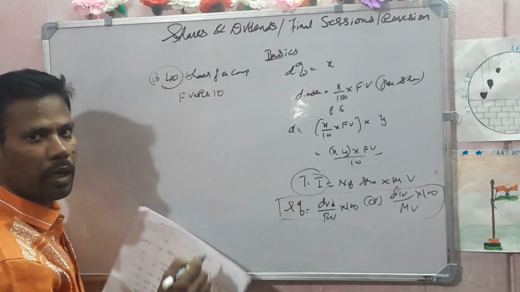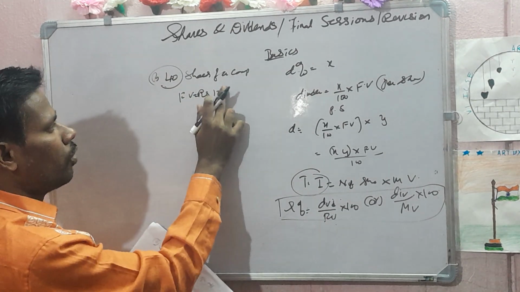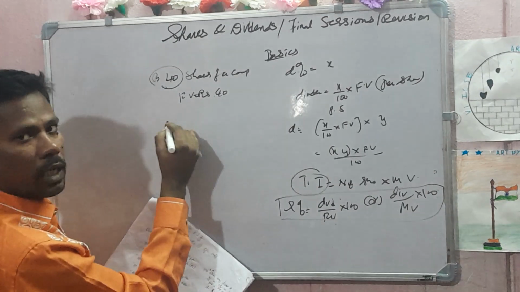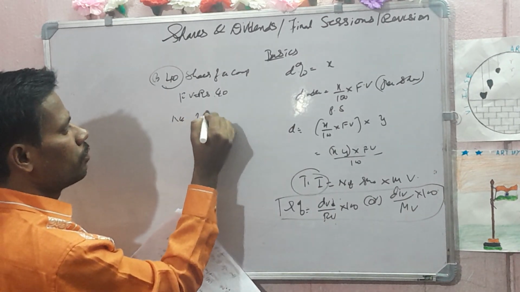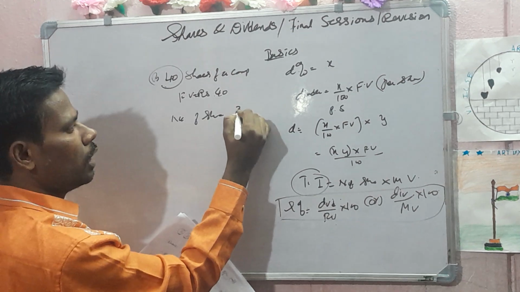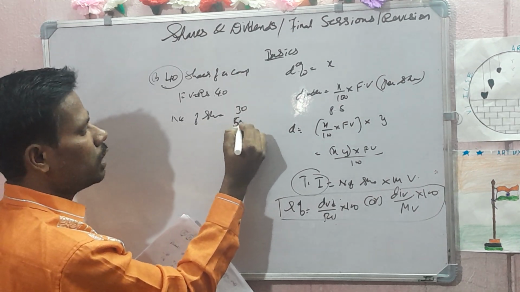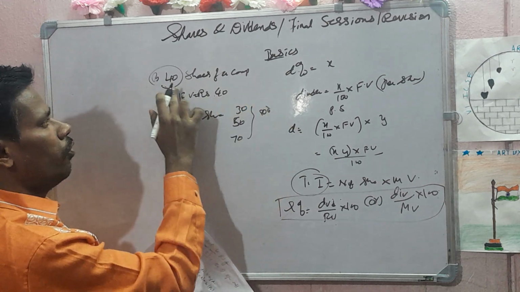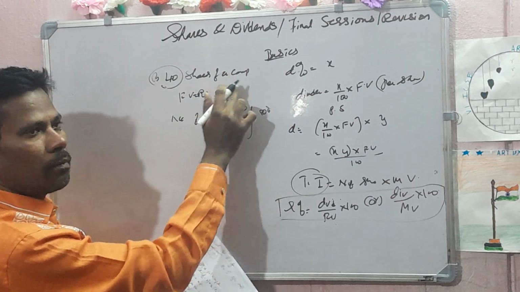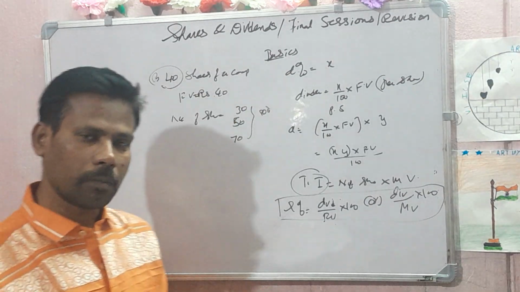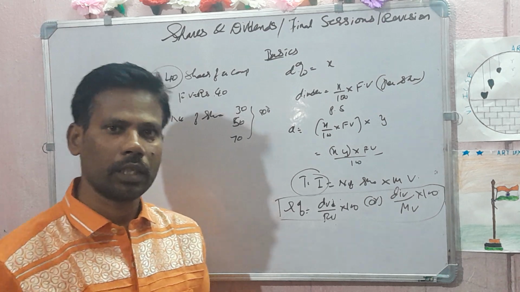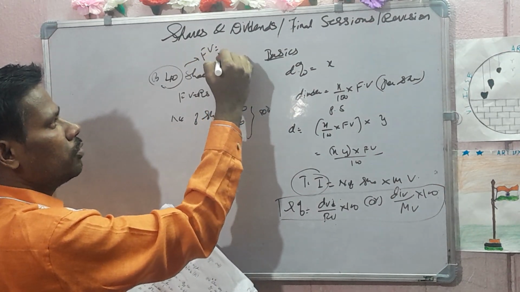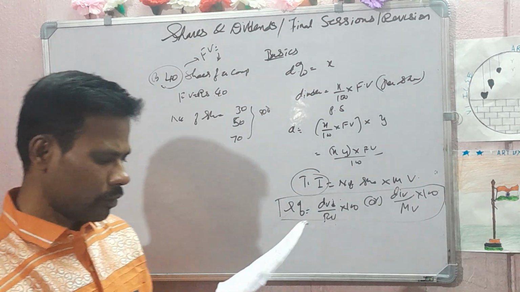Number of shares, they will mention clearly, like 30 shares, 50 shares, 70 shares, 80 shares. So rupees 40 shares, rupees 30 shares, rupees 20 shares, rupees 100 shares of a company is nothing but face value. Don't forget this one, face value.